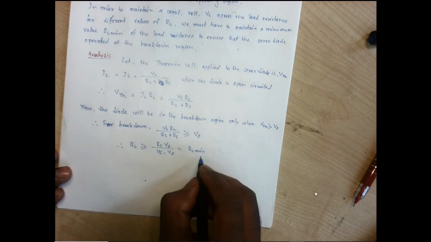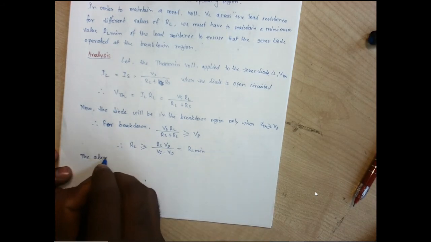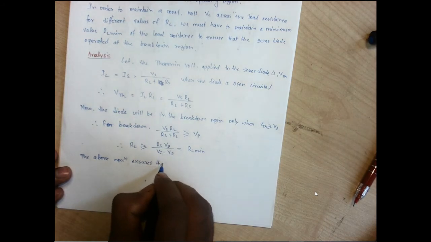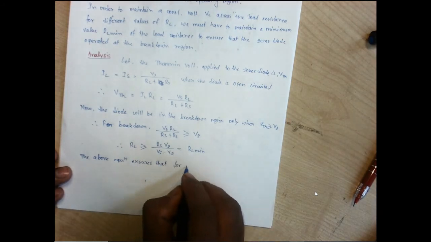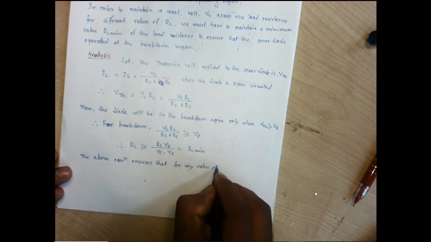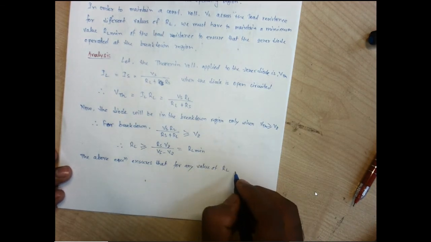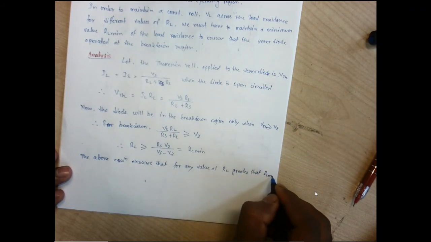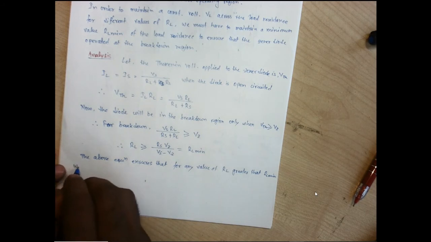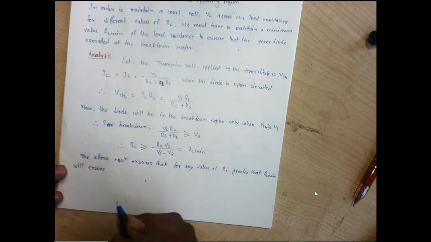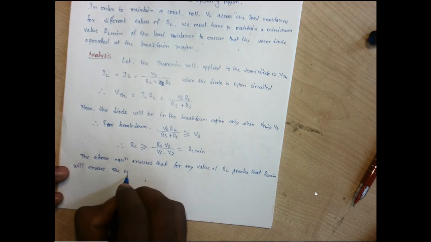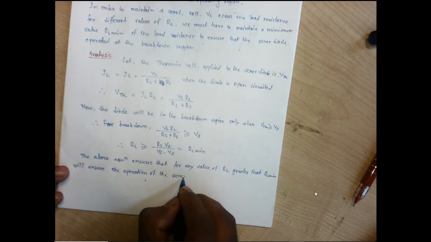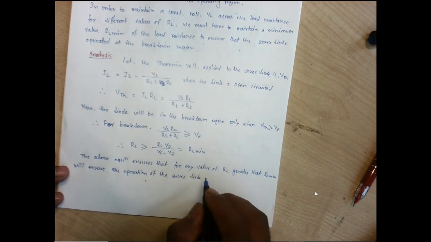So the above equation ensures that any value of RL greater than RL min will ensure the operation of the Zener diode in the breakdown region.